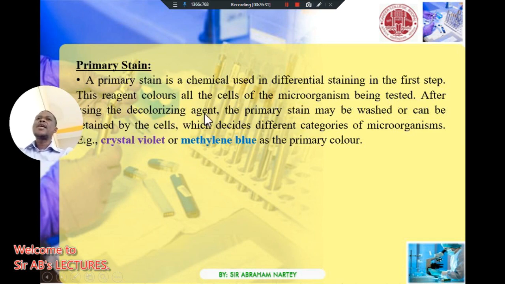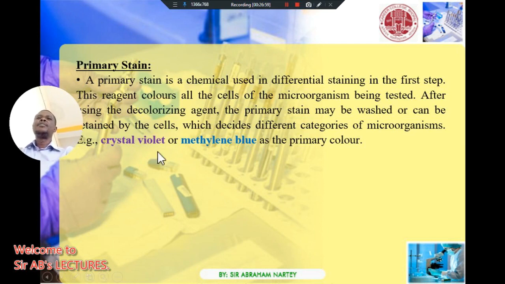After using the decolorizing agent, the primary stain may be washed out or retained by the cell, which decides different categories of microorganisms. So you see, gram positive will absorb it, gram negative will not absorb it. After applying the decolorizer, it will wash it away. Crystal violet or methyl blue is what we use as primary stain.